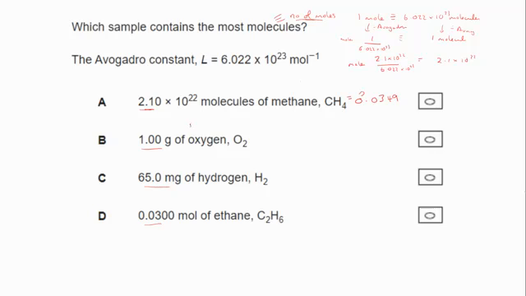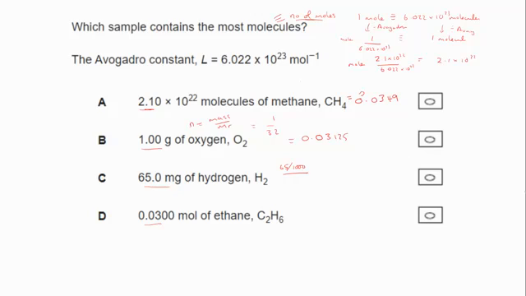So for the oxygen, I just need to do number of moles is mass over Mr. So that's going to be 1 over 32, and if I stick that into my calculator, that gives me 0.03125. If I do the same for this, number of moles is mass, so that's 65, but it's in milligrams, so I need to divide that by 1,000 to get it in grams.